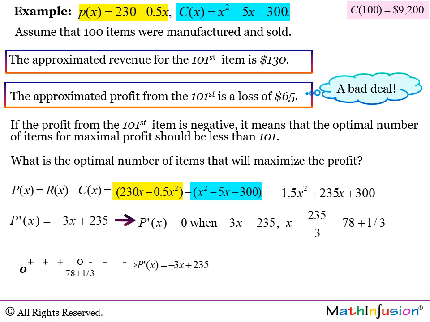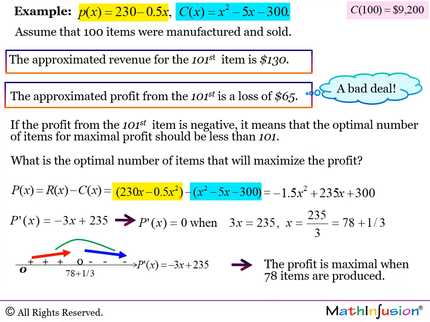Pay attention, x has to be an integer. So if this is the shape of the graph, we cannot really attain the absolute max, but we can get closer by picking x to be 78. We can summarize then that the profit is maximal when 78 items are produced.